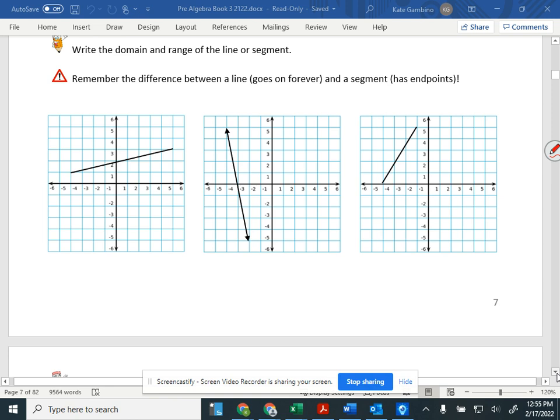So look at our first coordinate plane. Is that a line or a segment? Segment. There are no arrows, so our domain has a beginning and an end. What would our domain be for this first segment, Andrea?